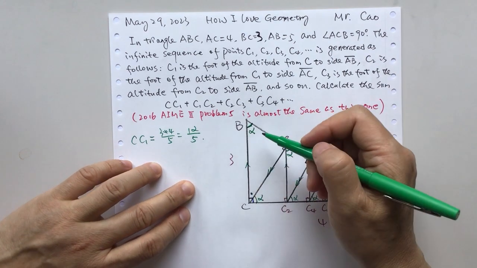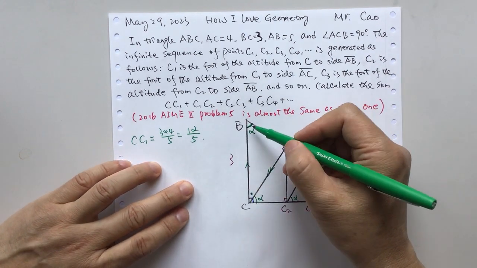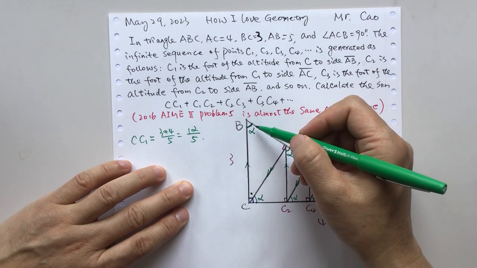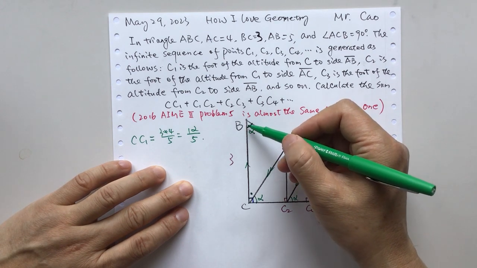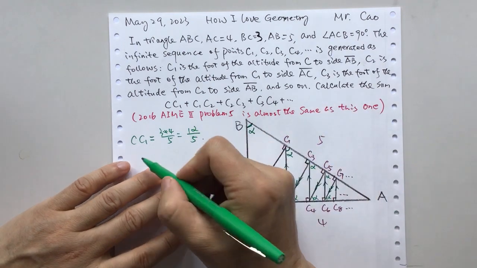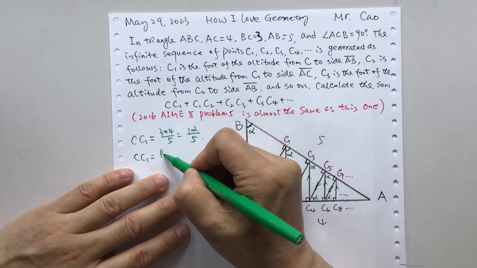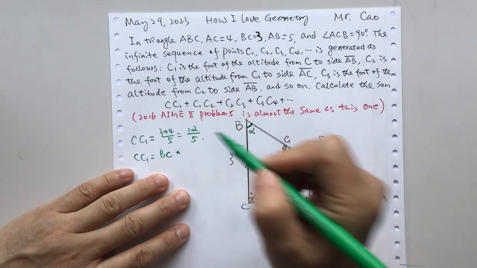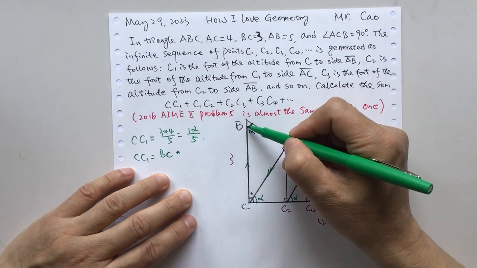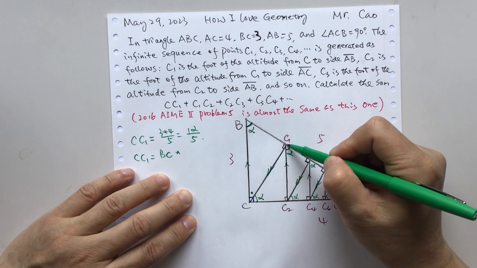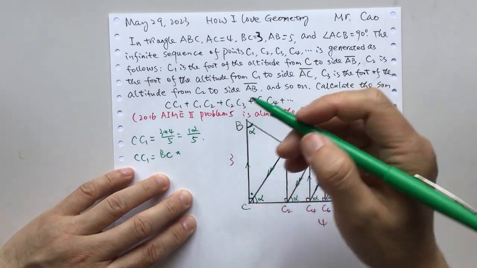And also CC1 can use this way to represent. I mean, we can use BC, right? We can use BC times sine alpha. You see, sine alpha, the opposite side over hypotenuse.